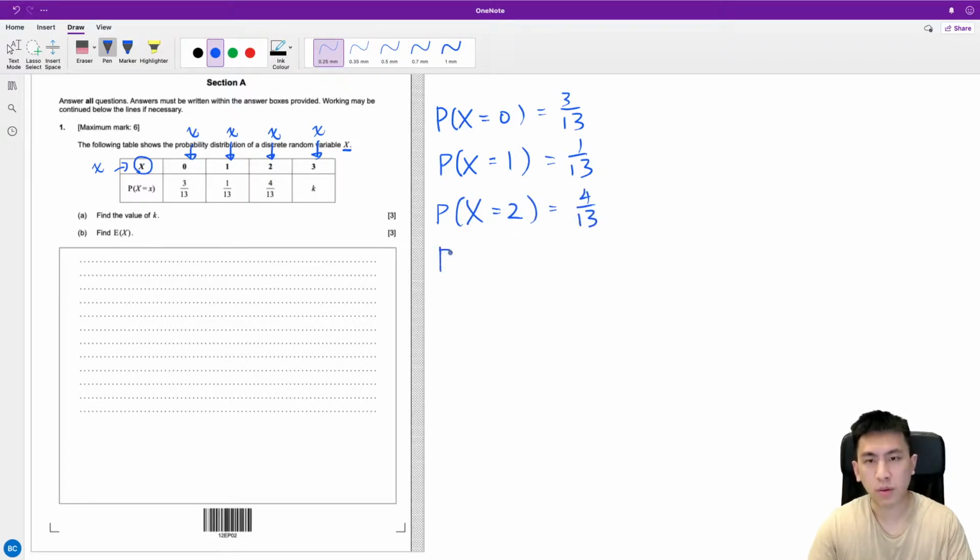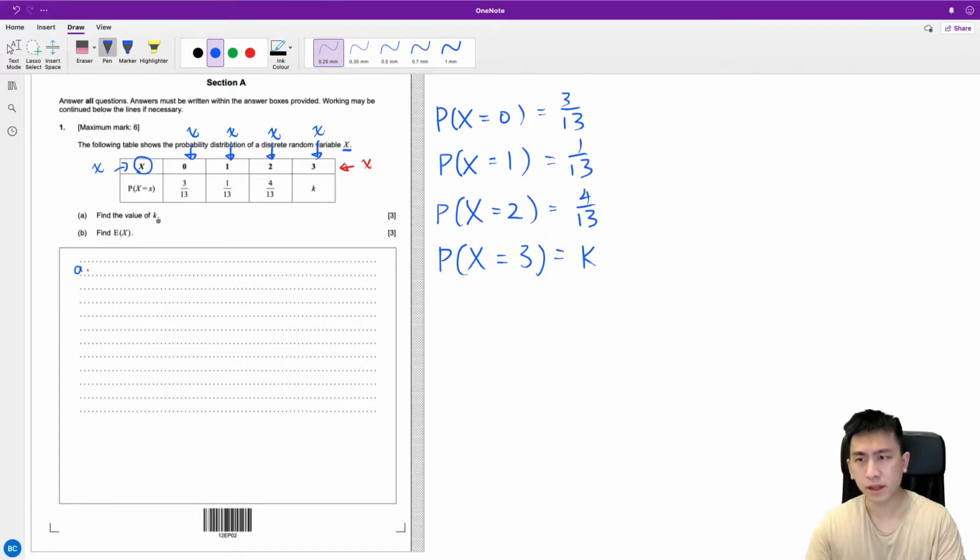And of course, the probability that the variable is 3 is k. So I think there's something wrong with the paper. That's a mistake or a typo. That should have been small x, because all of these are small x. They really want to say that the probability that X equals that small x is such and such. But even if that's a mistake, it shouldn't stop you from doing the question.